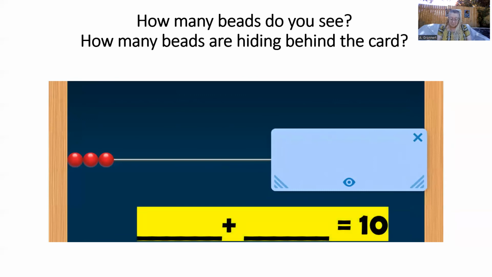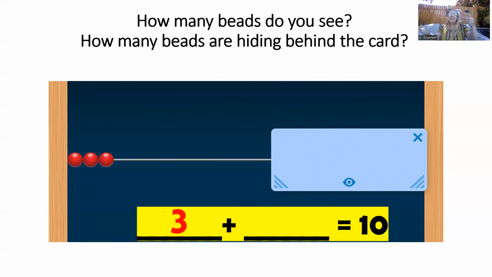Okay, how many beads do you see this time? Yeah. Did you get it that quickly? 3 beads. There they are. I see 3. So if you see 3 beads, how can you find out how many beads are hiding behind the card?